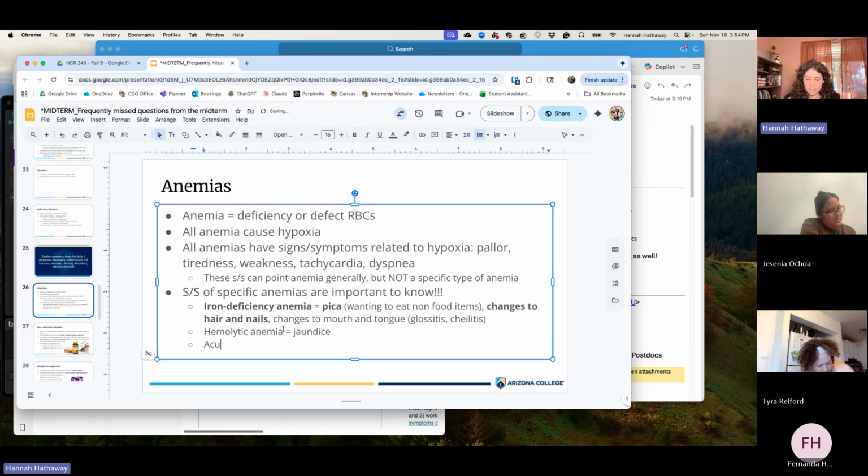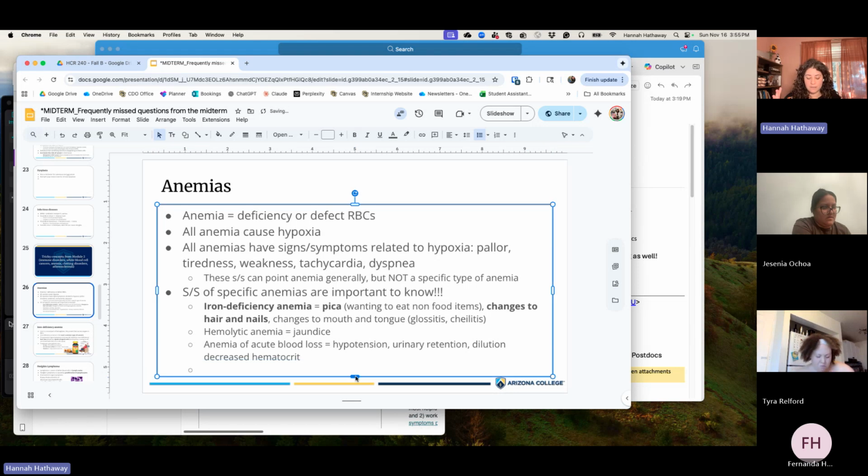If we are thinking anemia of acute blood loss, because you are losing so much blood, you have hypotension, so low blood pressure. And then that hypotension can also cause some other issues like urinary retention and dilutional decrease in hematocrit.